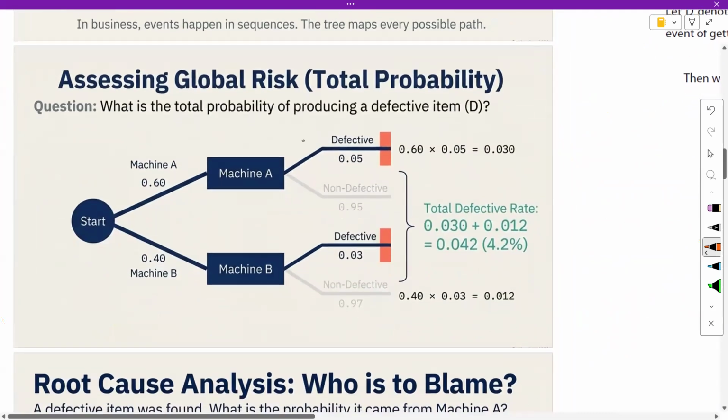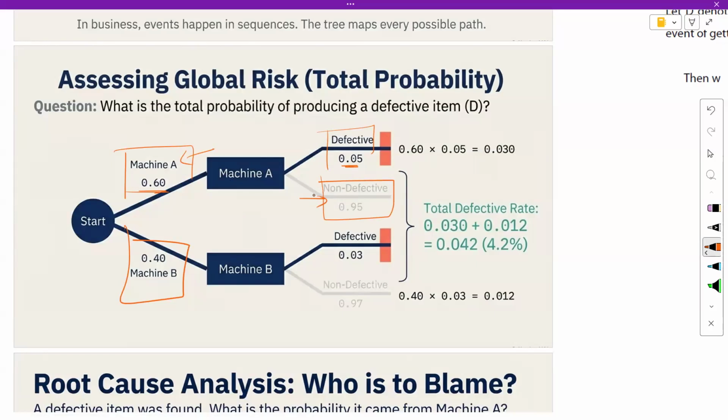Here, it's written very clearly. We start with machine A. Machine A produces 60% of the products and machine B produces 40%. For machine A, 0.05 are defective and 95% of the items are non-defective. So what is the probability of getting a defective item from machine A?